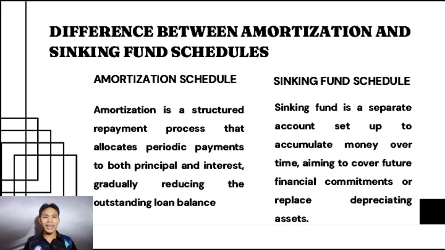A sinking fund, on the other hand, is a separate account set up to accumulate money over time, aiming to cover future financial commitments or replace depreciating assets. Sinking funds are commonly used in financial planning to manage long-term obligations and expenditures.